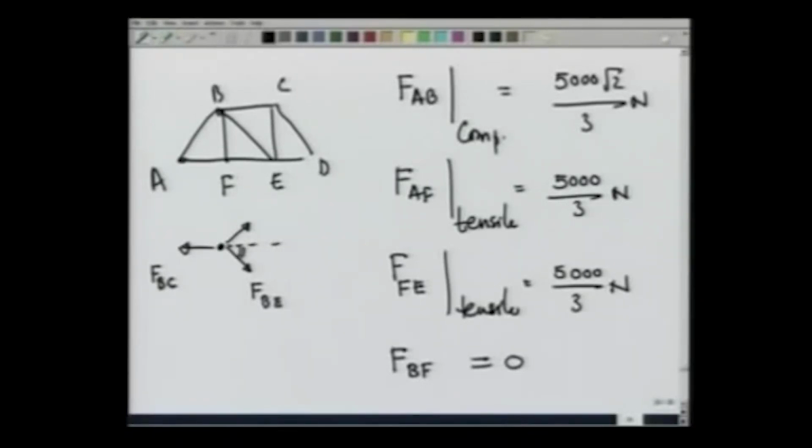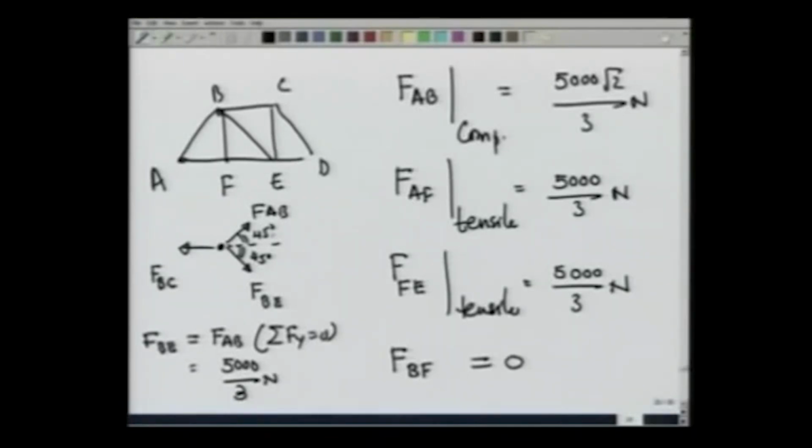These are at 45 degrees each. Right away you see that this is FAB, that FBE must be equal to FAB. This comes from summation Fy equal to 0, and therefore FBE, and the direction also comes out to be right, should be equal to 5000 root 2 over 3 newtons.